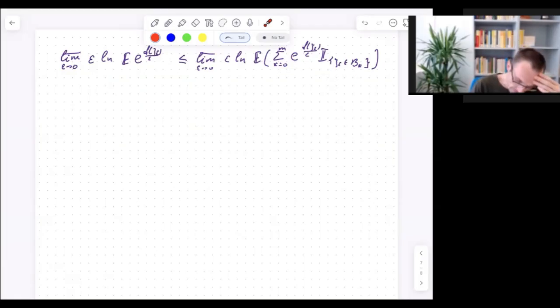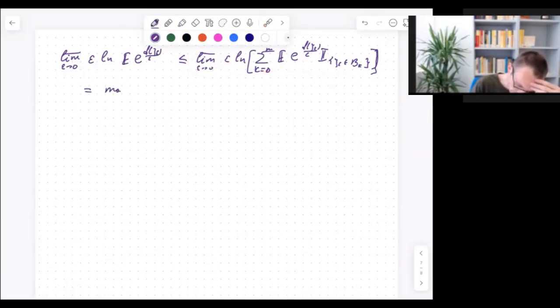And now you see that we have epsilon logarithm of expectation, or actually you can move this sum outside, and then you have the sum of expectations, the sum from 0 to m. And then this upper limit of epsilon logarithm of a sum is the maximum, according to the property that we discussed.